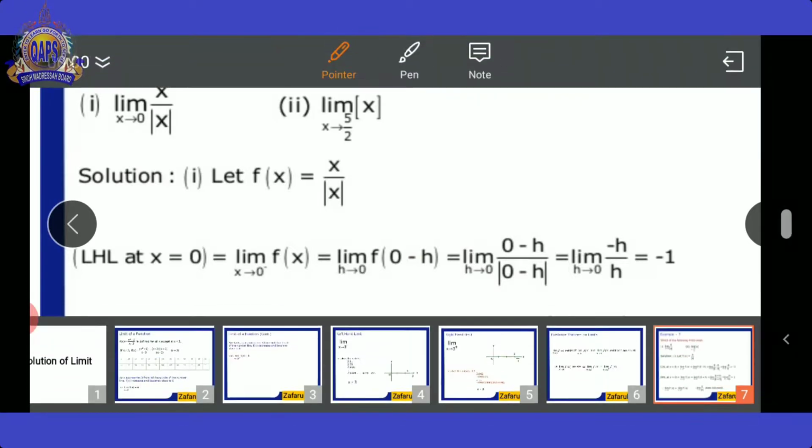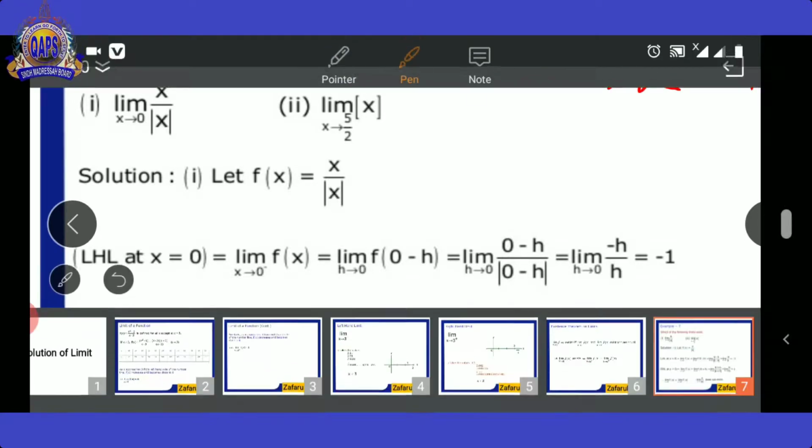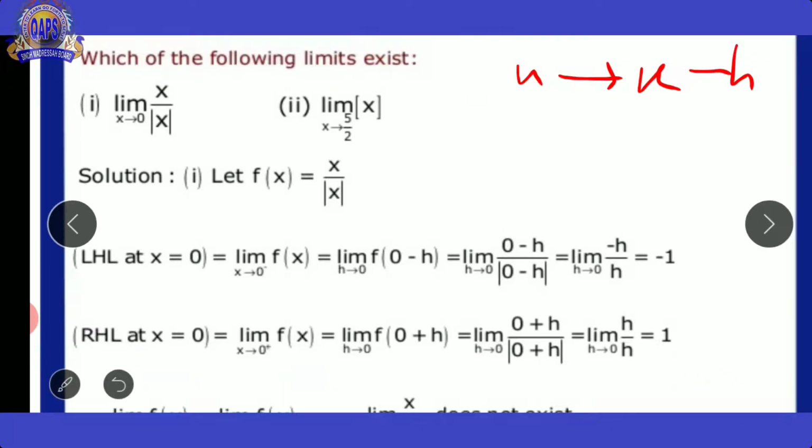In this condition, x approaches x minus h. So this condition will be applied here.